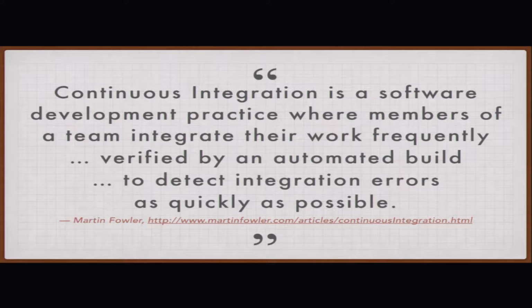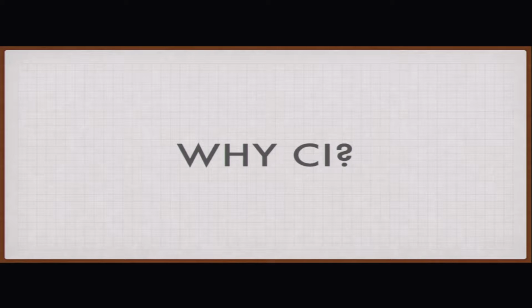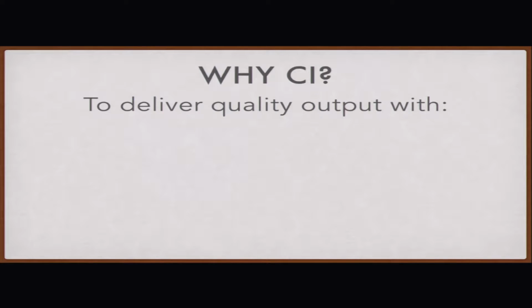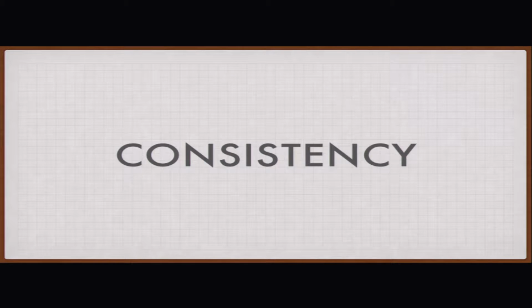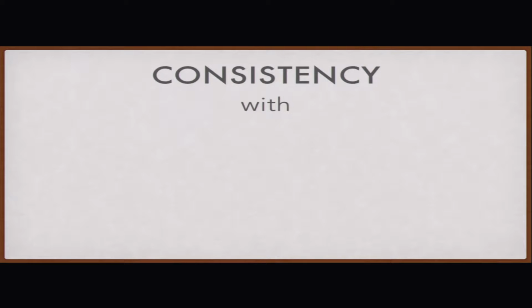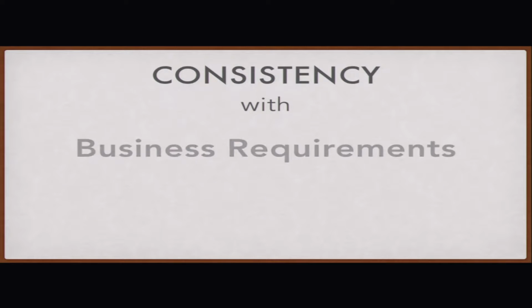Automation, modern tools have enabled CI to be more successful and a recommended practice. But why exactly? Well, we want consistent, repeatable output with visibility into the process. Consistency with what? CI will encourage you, or actually require you, to write testable code, confirming that what we build is consistent with the business requirements.